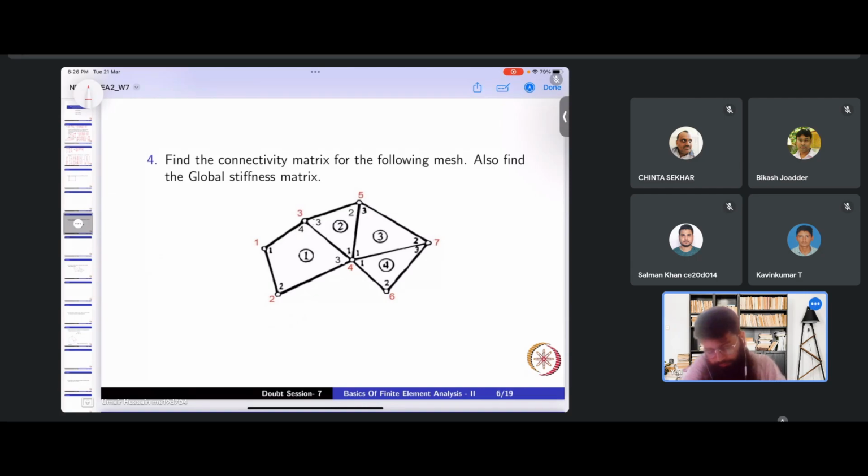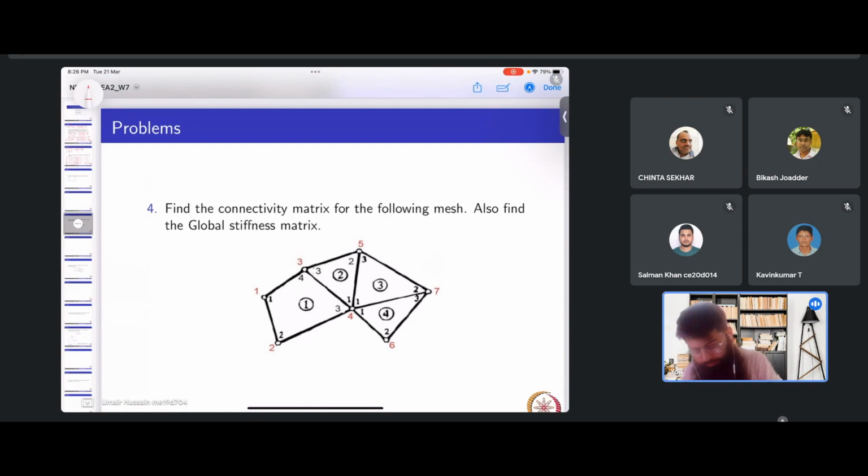First of all, we want to find the connectivity matrix. I think we have done enough for the connectivity matrix, so I can go along with this quickly. We have been given the node numbers already. The ones given in red here are global node numbers, and the ones inside the element are local. We have four elements in total, so we'll have four rows.